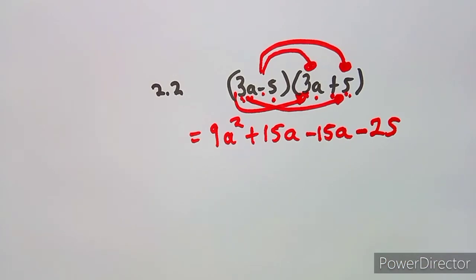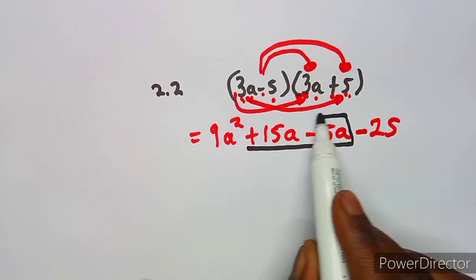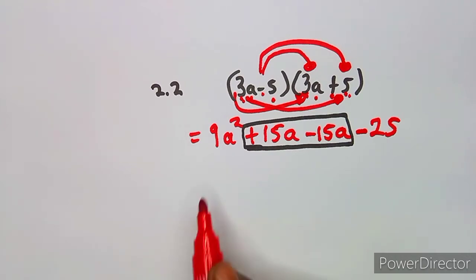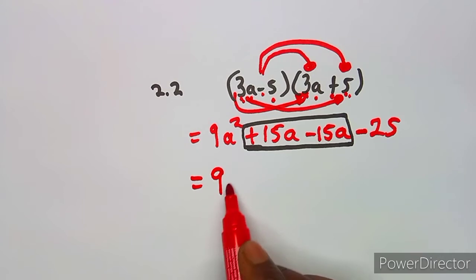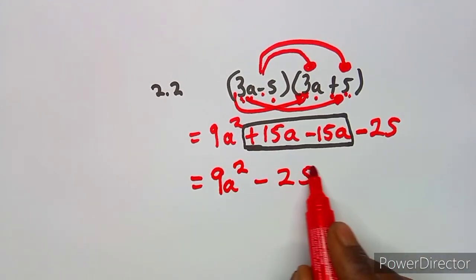So we have expanded, guys. So what is left? Are there any like terms? Yes, the like terms are there. This part here, the middle term here, they are like terms. So what am I going to do? 15 minus 15, that is 0. So which means I'm just going to be left with 9a squared minus 25, because this part is going to give me a 0.